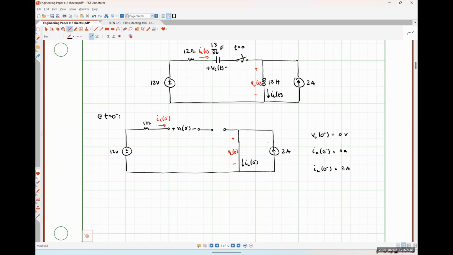So I think because the negative polarity terminal of the capacitor is connected to an open circuit, the capacitor shouldn't be charging here. So that's what I'm going to go with right now.